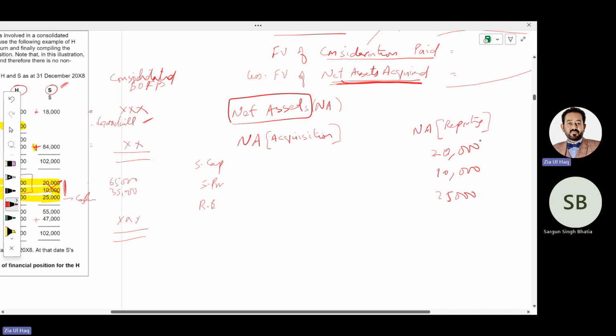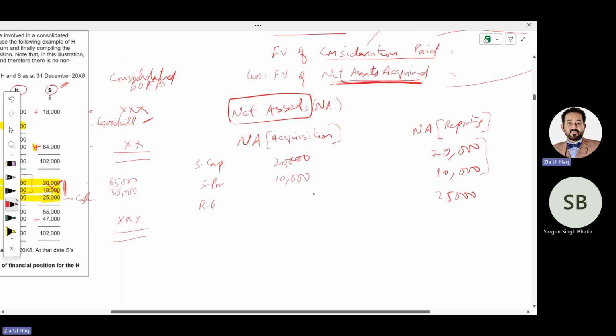These two figures will always remain the same at the time of acquisition and at reporting date. In consolidation, we will assume the share capital and share premium of a subsidiary will remain the same at the time of acquisition, meaning when we bought the company, and at the year end.